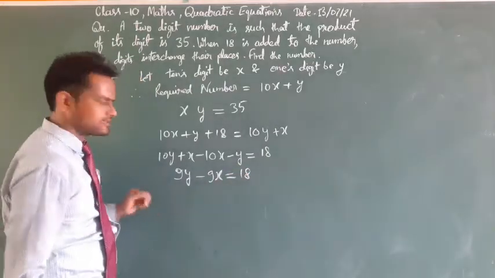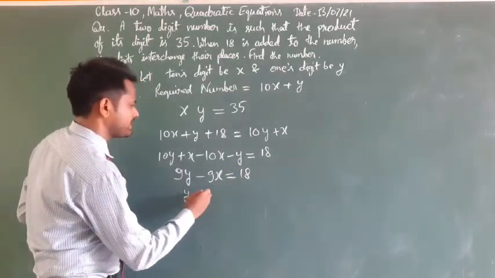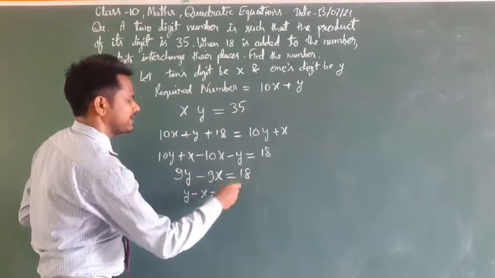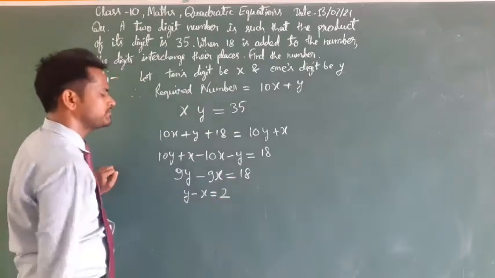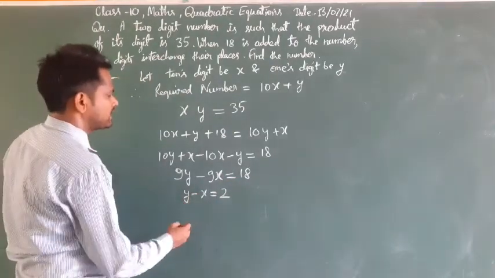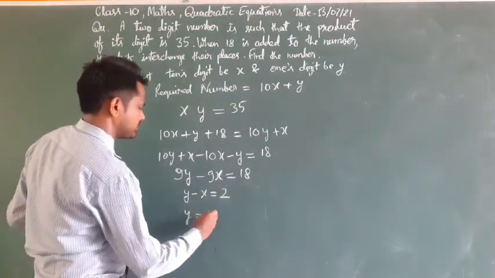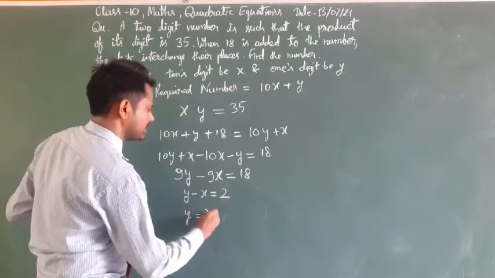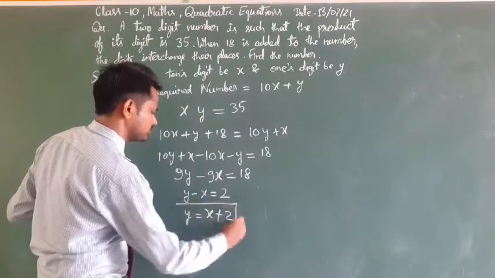Now take 9 as common, then we get y minus x is equal to 18 divided by 9, which is 2. So find out the value of y. We get y is equal to x plus 2.